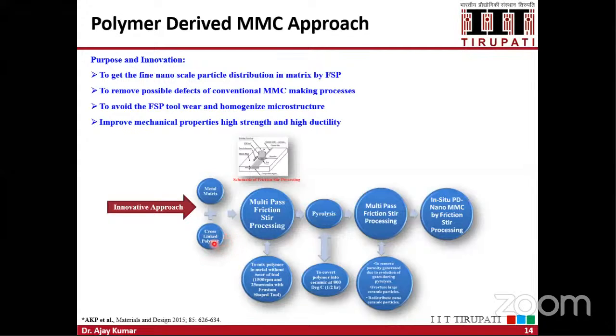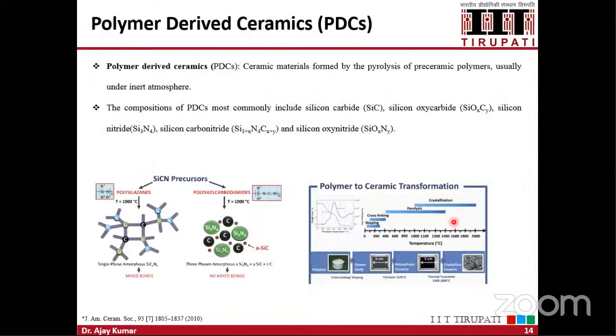Okay, so this cross-linked polymer can change into the ceramic phase around 800 to 1000 degrees Celsius, and then due to the phase change there will be evolution of some gases, and those gases will produce some voids, and those voids you can remove by further multi-pass FSP, and then the ceramic phase particles can be redistributed in the metal matrix at the nanoscale. Okay, so that is the whole concept which we have used.